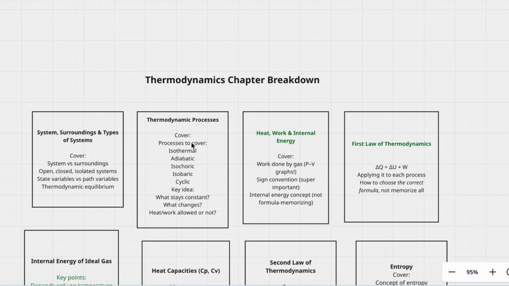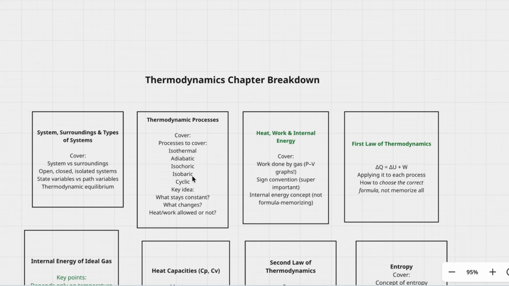Now coming to the second topic, thermodynamic processes. What you should cover is what an isothermal process is, what an adiabatic process is, what isochoric is, and all these processes, as these are the terms that are used in the exam.